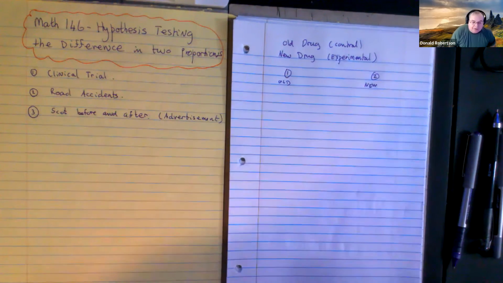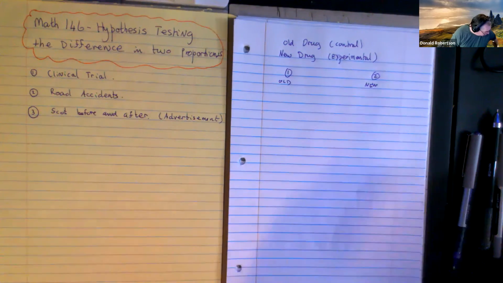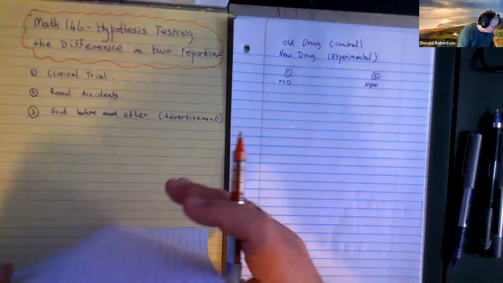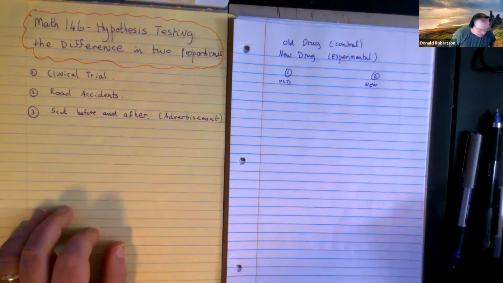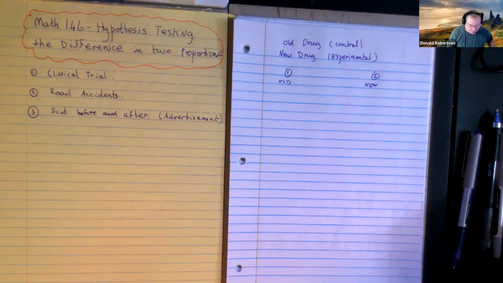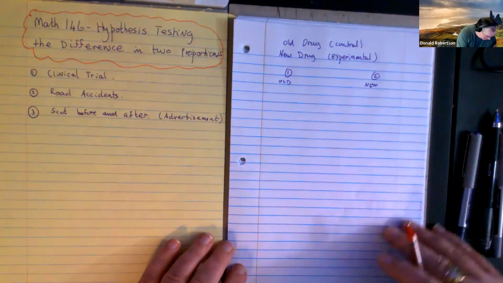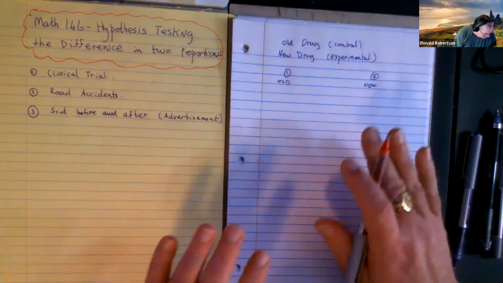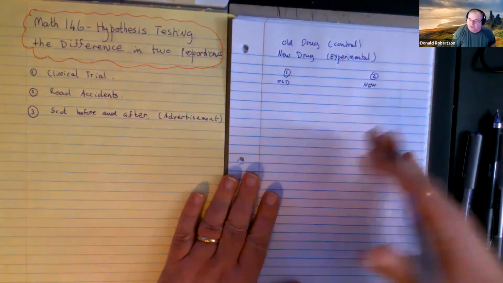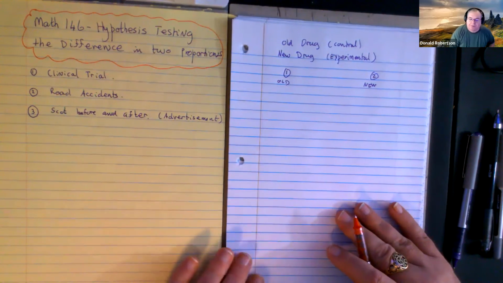And this particular drug is meant to reduce the seizures that people get when they, what is it called? Epilepsy. The seizures that people get when they get epilepsy.